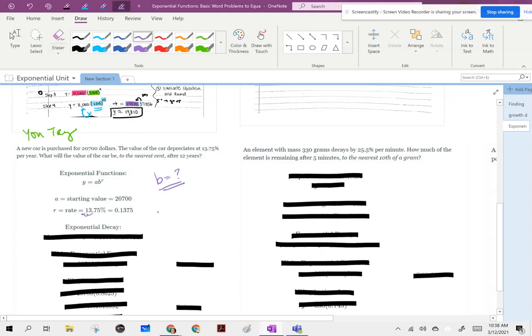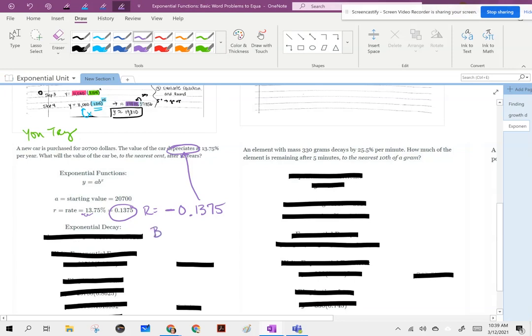So what we are going to do to find our B, I want you to make sure this rate, we said depreciates. So that's just the decimal form, but remember the rate really is negative 0.1375 because of the word depreciation.